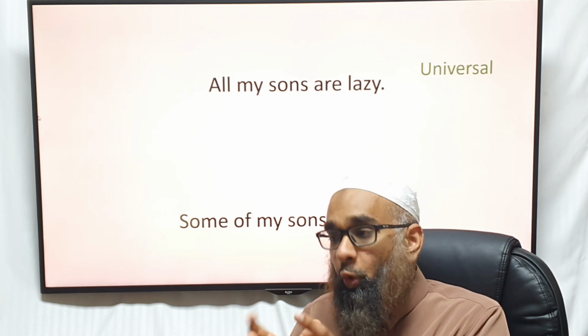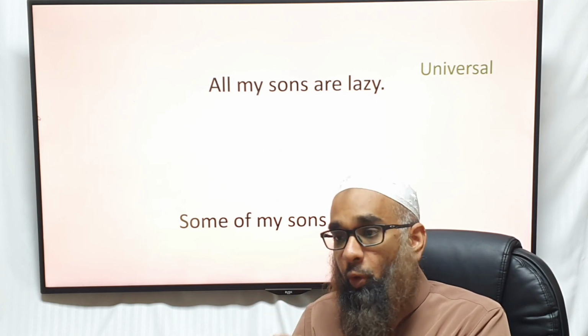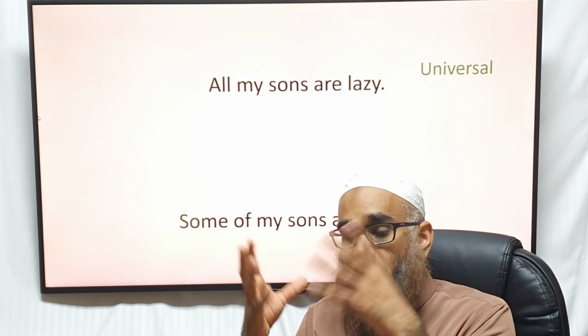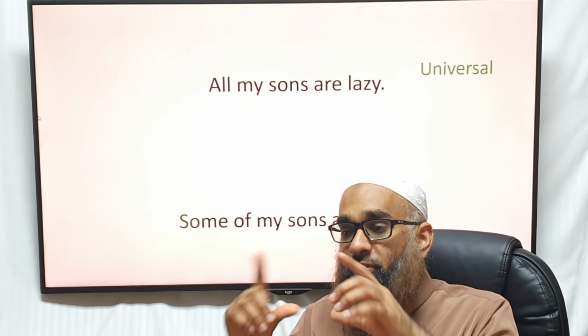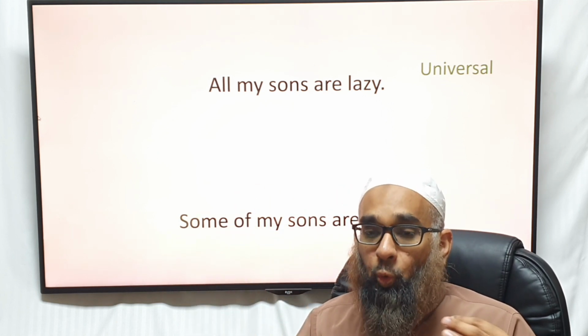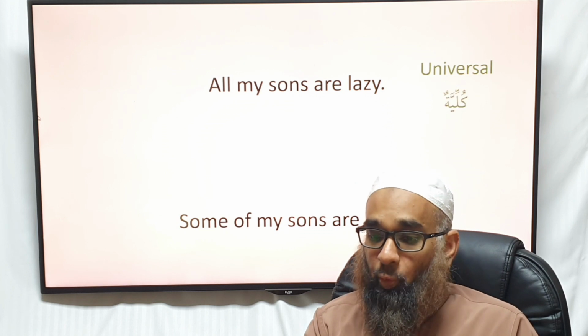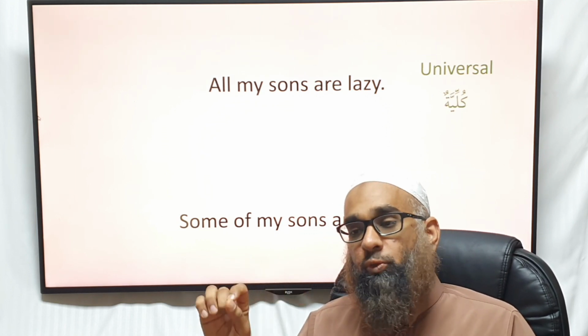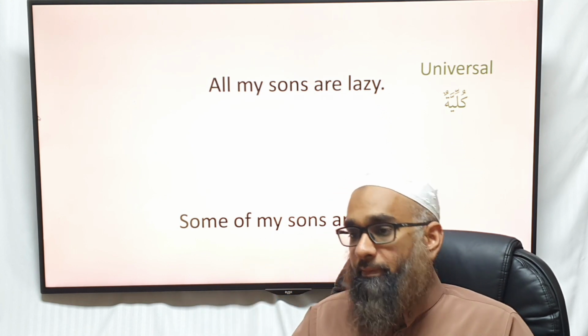Make sense? So all footballers, all politicians, all ulama, all students, all men, all women, all anbiya, this is universal. Every, in Arabic, is kull. So it's called kulliya, meaning a proposition which refers to everything of that category.